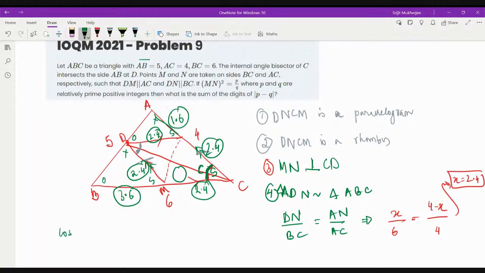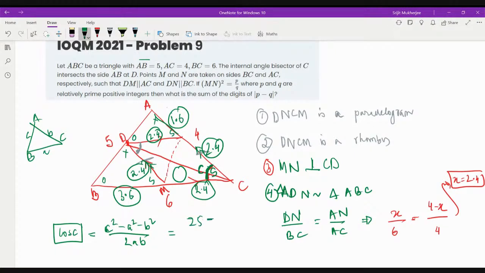So let's find out cos C, okay? In a triangle ACB, if this is A, this is B, this is C, then cos C is what? A square plus B square minus C square by twice AB is cos angle C. So it's here, C square means 5 square, 25 minus 4 square, 16 minus 36, by twice 4 into 6, that is 48.